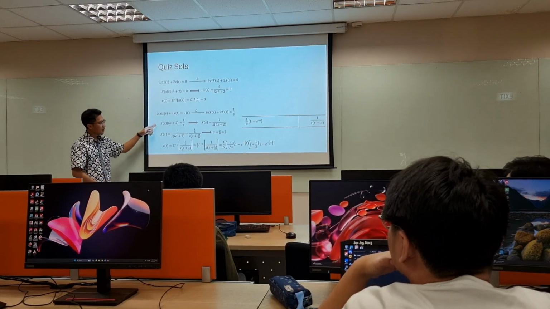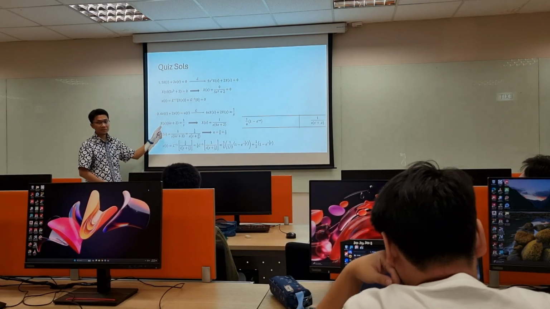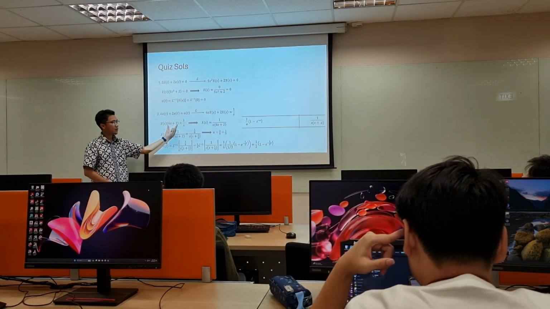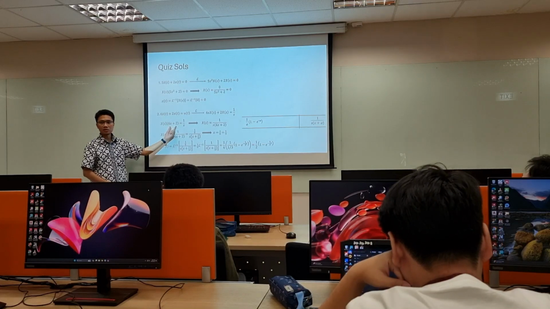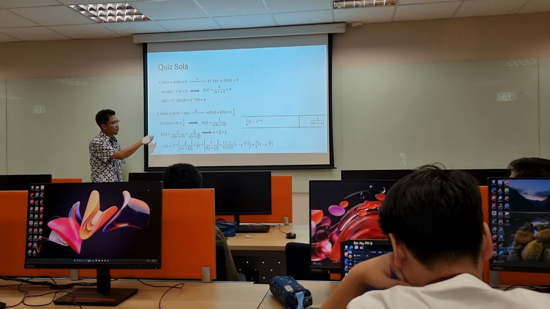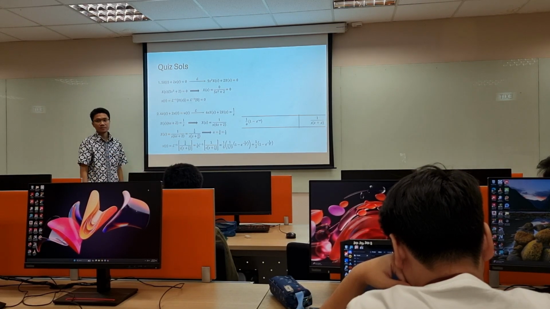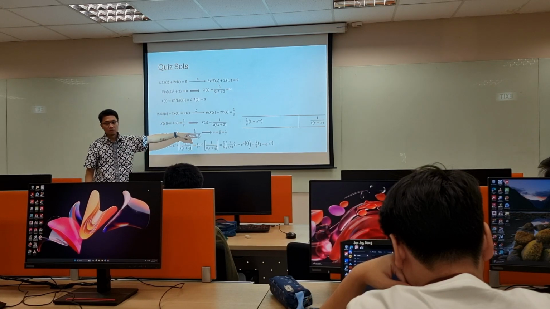The next step is you organize the X(s) term so that you take out the X(s) only, and then you get this term in the bracket, 6s plus 2. After that, you move the 6s plus 2 to the right hand side. It becomes the denominator here.